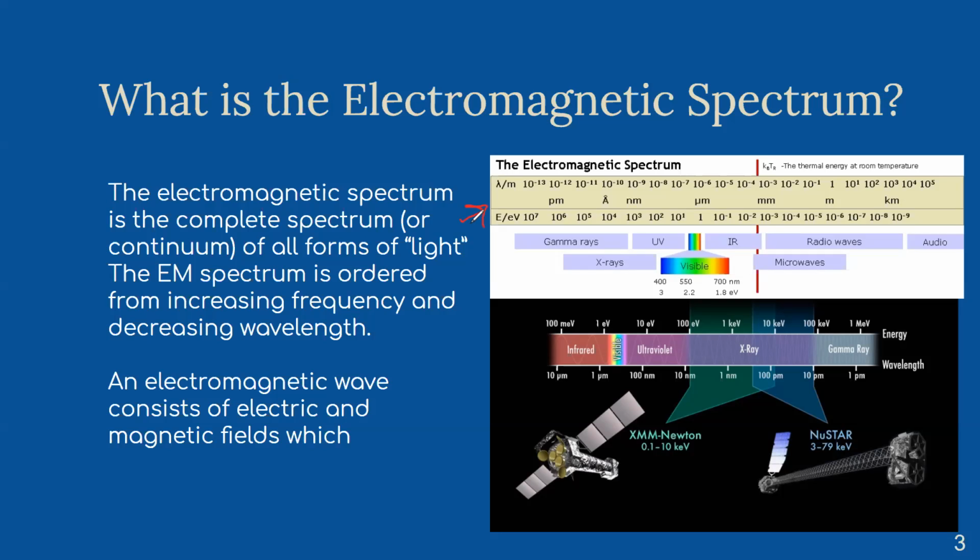So if it was ordered the way this is saying, it will be going this way. So notice that the wavelength, which is this, is in this direction. So that is going to be wavelength.